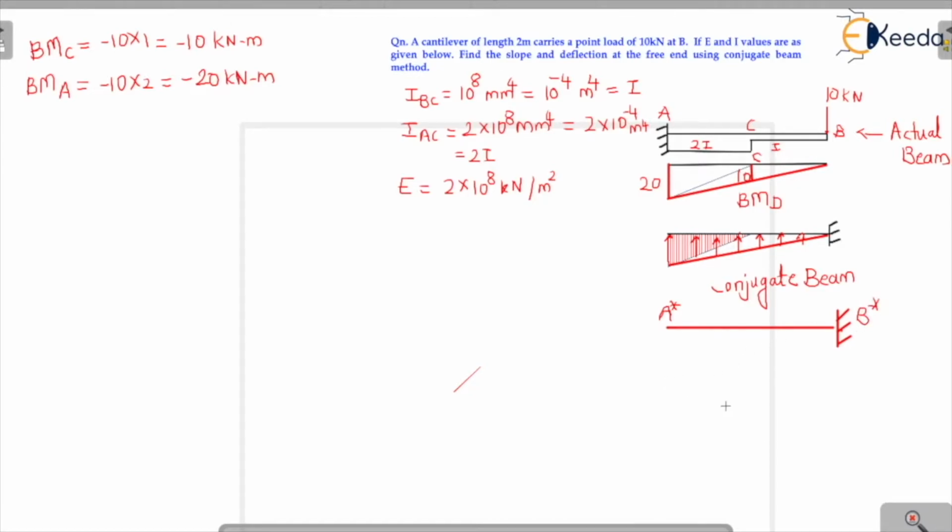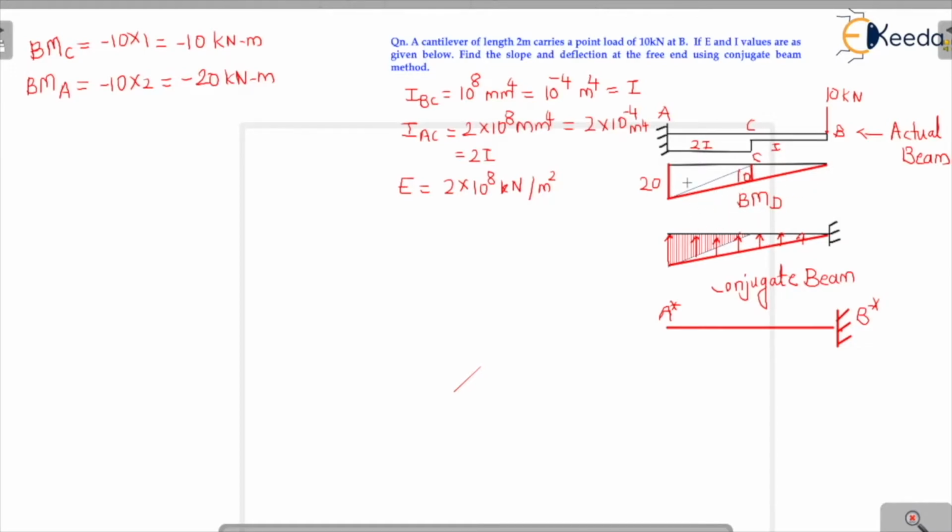Now, while constructing the conjugate beam, we will be dividing this bending moment diagram for any section with its EI factor. So what is the EI factor? Let us see. So the loading diagram is like this, right? We know the bending moment diagram.